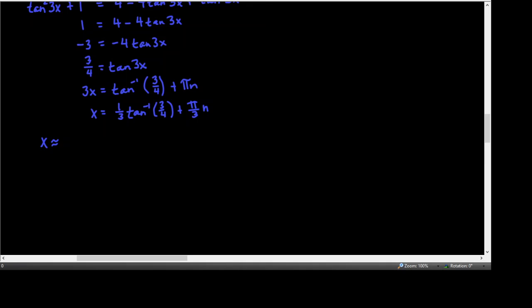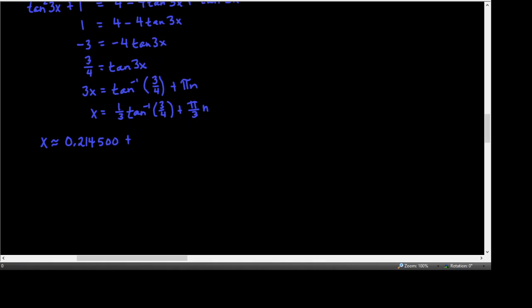So I'll have 1/3 tangent inverse of 3/4, and I'll hit enter, and that answer is 0.214, etc. I'm going to write more digits just so you know what it was in my calculator. And I'm going to store that answer because I might very well need it. So I've got it stored.